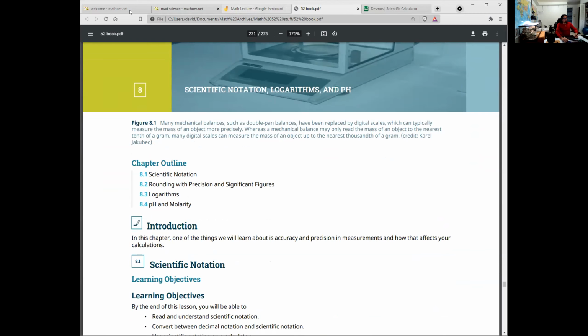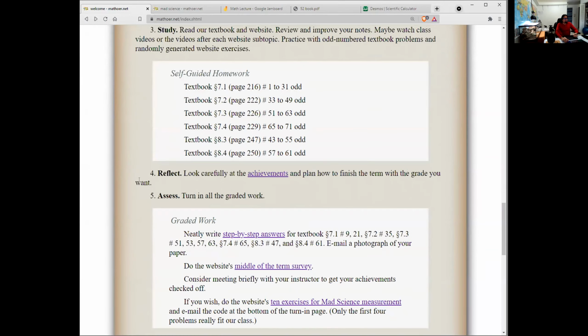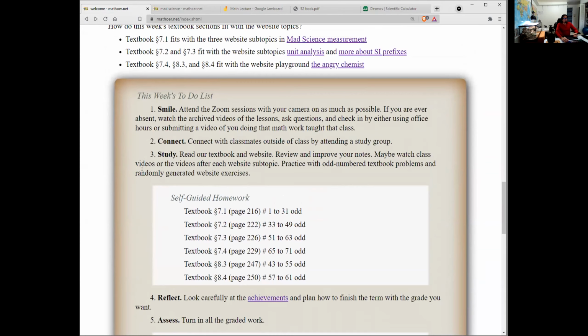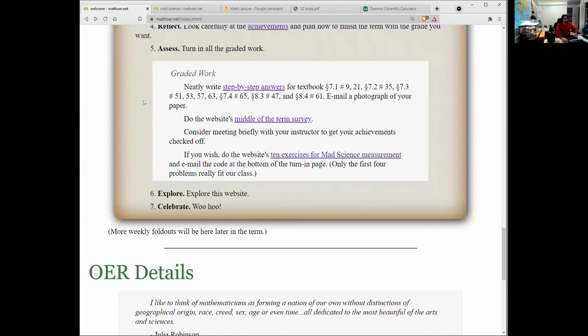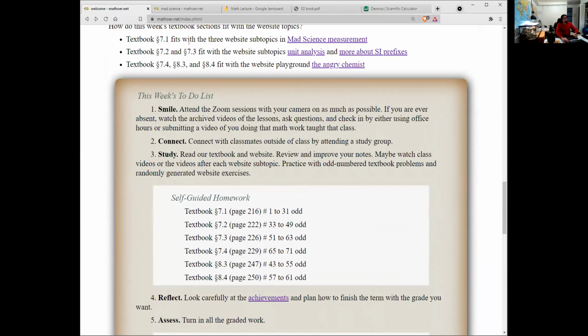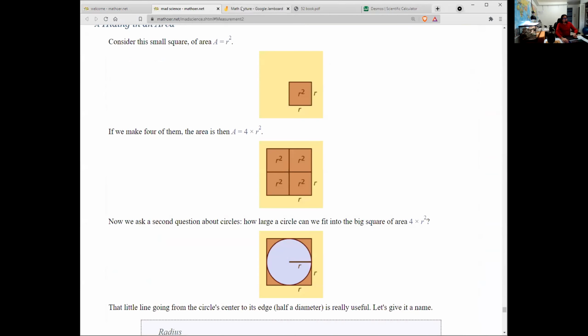Let me check my notes here. Okay, 8.3 and 8.4, I will skip to real quick.